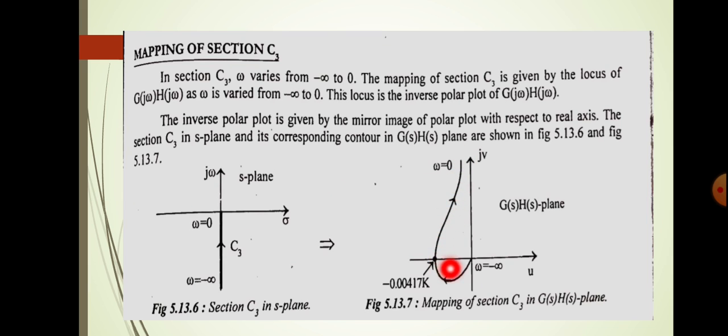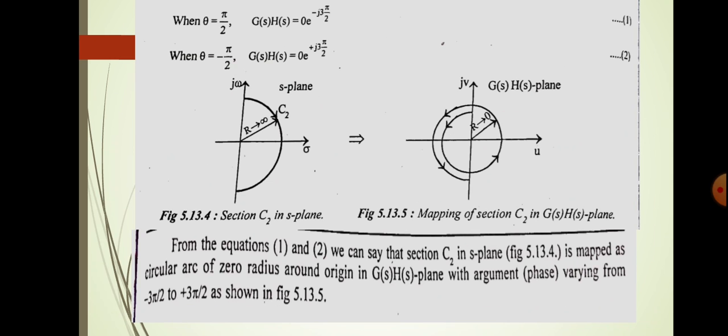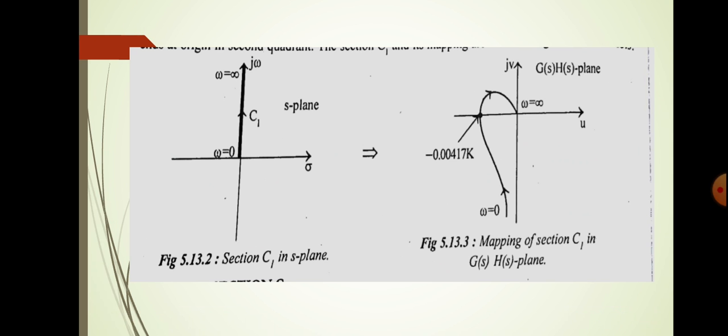See, this is the curve. At omega equal to infinity it will be located at the origin, and at omega equal to 0 it comes to infinity. That means C3 is a mirror image of C1, so we can draw the C3 curve like this. You can see C1 is like this. C1 goes up, so the arrow mark will go from here to here.